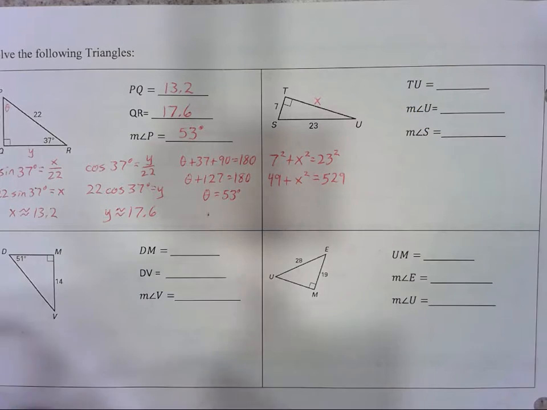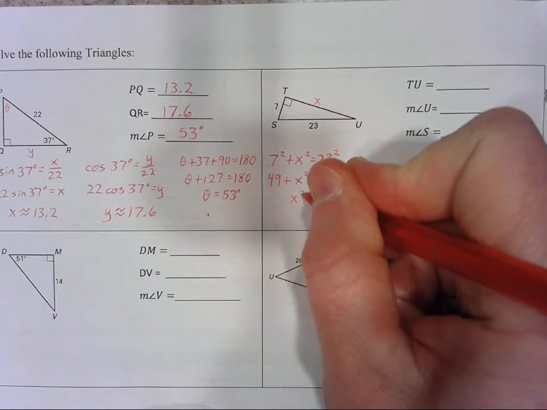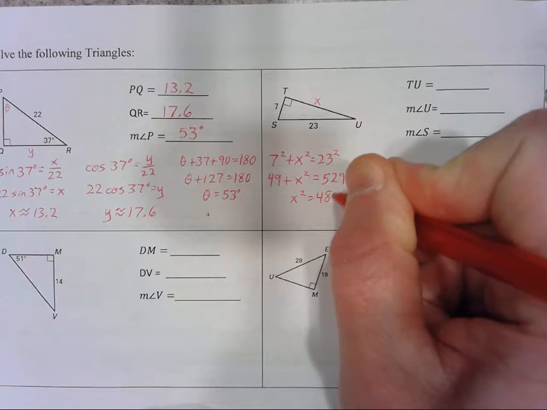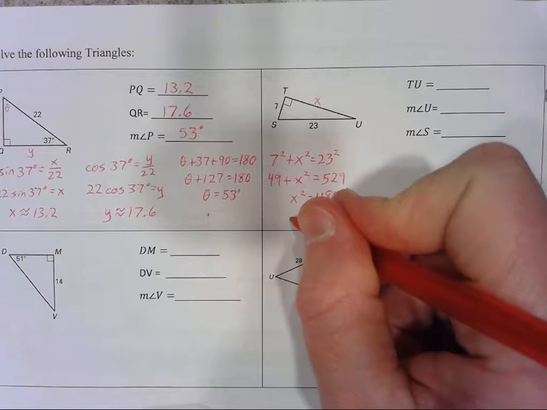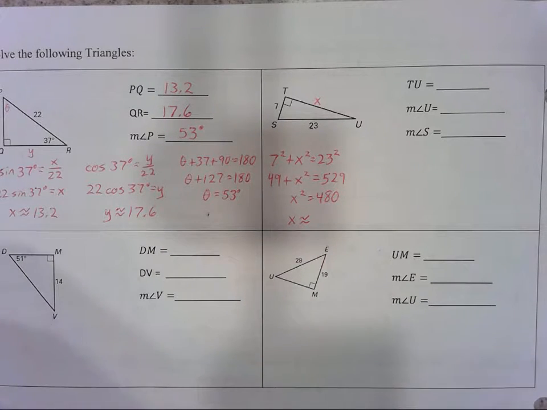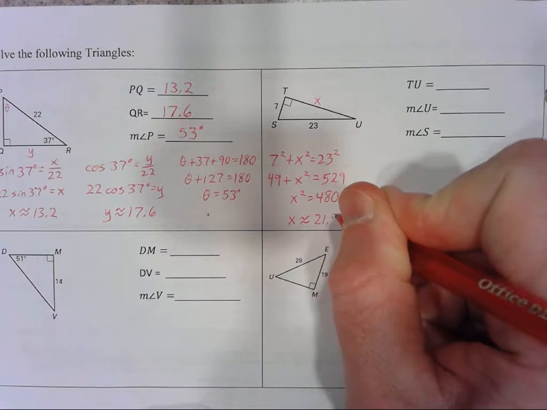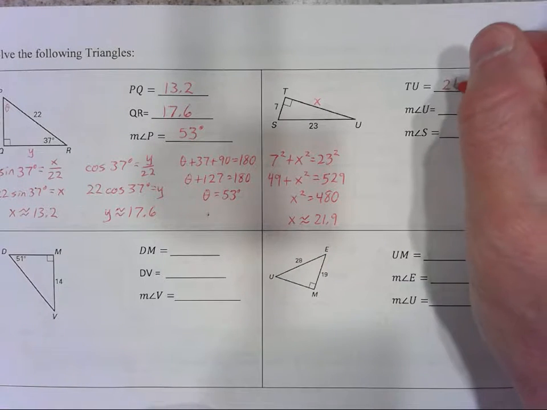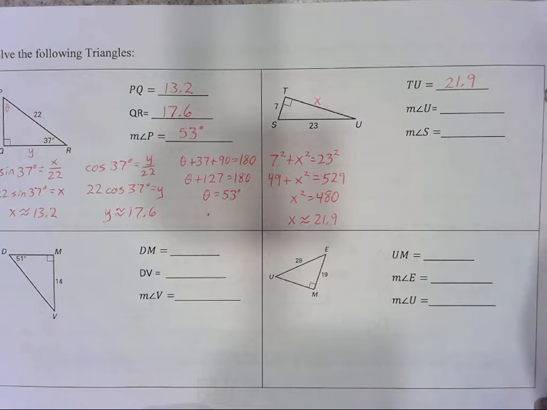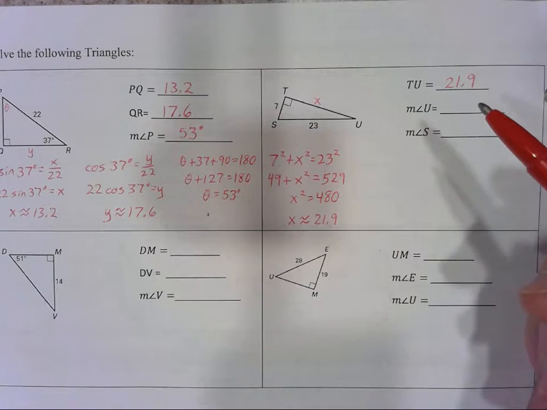So we subtract 49 from that to get 480, and then we take the square root of 480 to the nearest tenth is 21.9. TU is 21.9. A little less than the hypotenuse. Well, looks good.